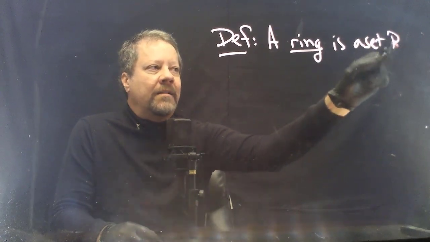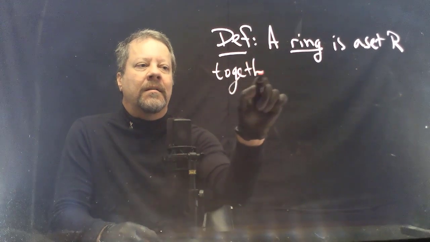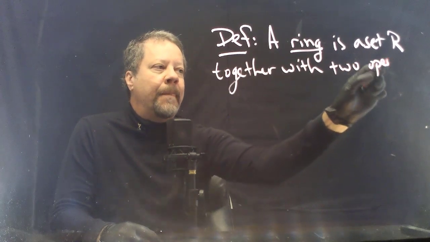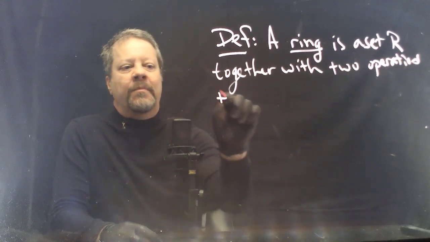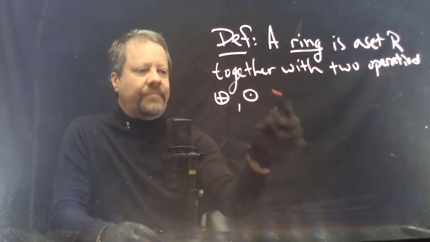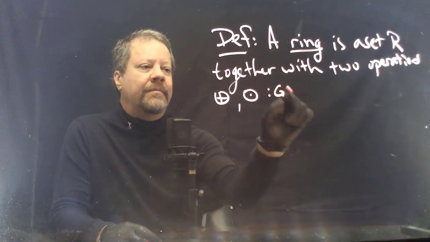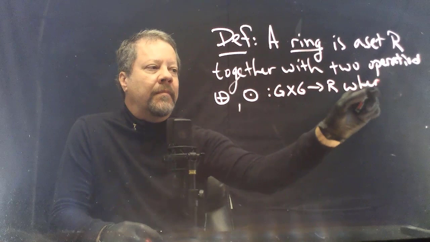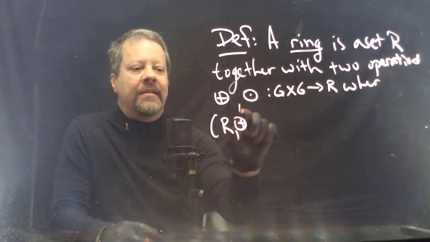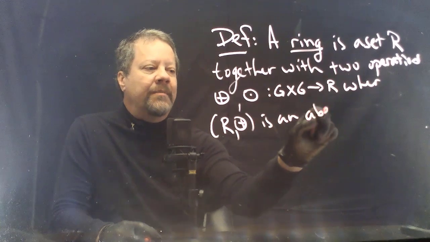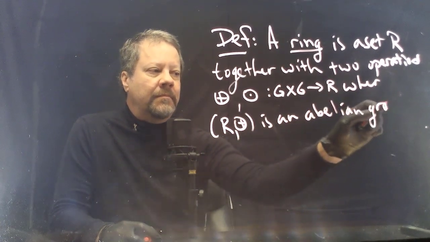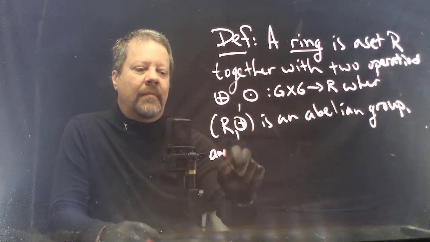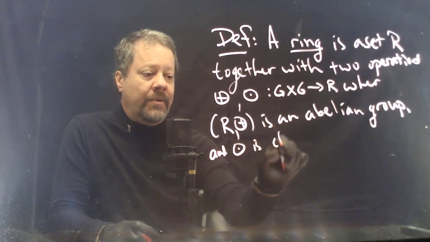Next, I want to define what I mean by a ring. It's a set R together with two operations, plus and times. These are both binary operations, where R together with plus is an abelian group, and times is closed.